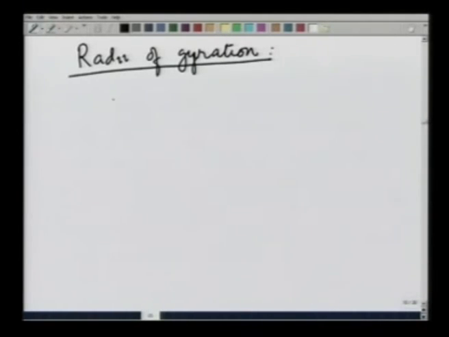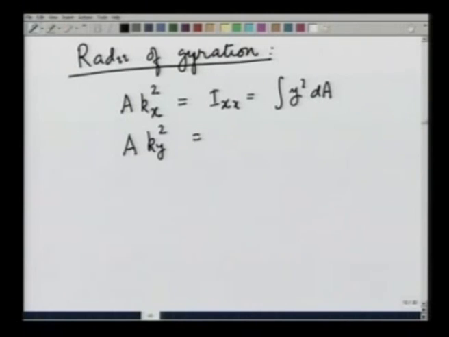The radius of gyration kx of an area A about the x-axis is defined through the relationship A kx square equals Ixx equals integral y square dA, and the radius of gyration about the y-axis is defined as A ky square equals Iyy equals integral x square dA.